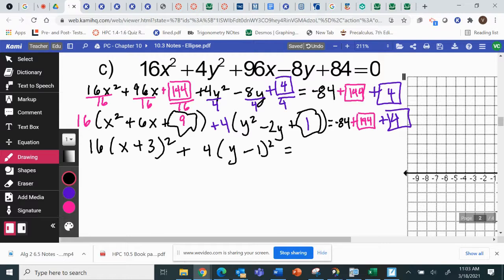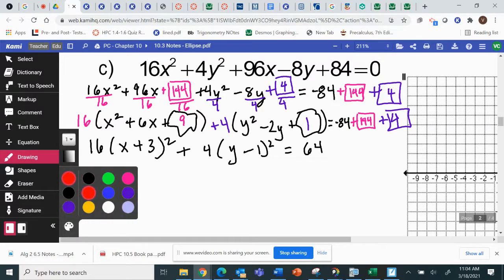And then on the other side, I get 64. So is this in the correct form? Daniela, are we ready? Like, is this in the correct form for the formula? What do we have to do with the 64? Divide by 64. Yep. So it needs to equal 1. It does not equal 1 right now.